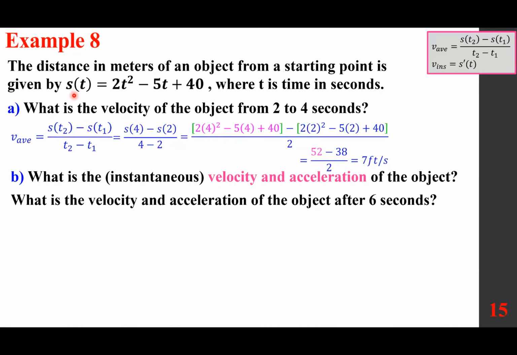So v of t is s prime of t, which is 4t minus 5. This part we had done with the definition before. Now we did it the easy way. Now, the new stuff: what is the velocity after 6 seconds? If I replace t with 6, 4 times 6 is 24, minus 5, 19 meters per second.